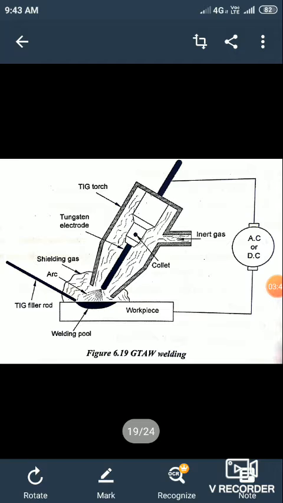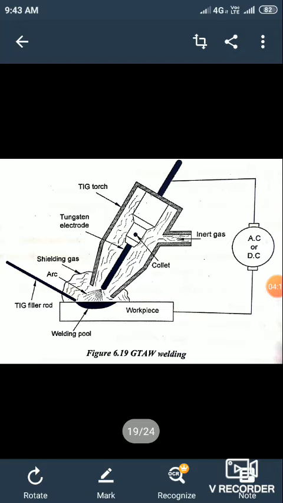Okay, so the advantages, disadvantages, and applications of gas tungsten arc welding. In gas tungsten arc welding, the main advantages are: no flux is needed.